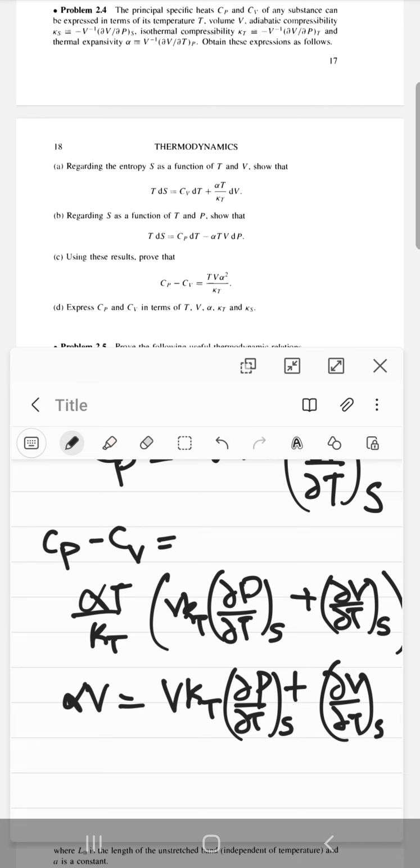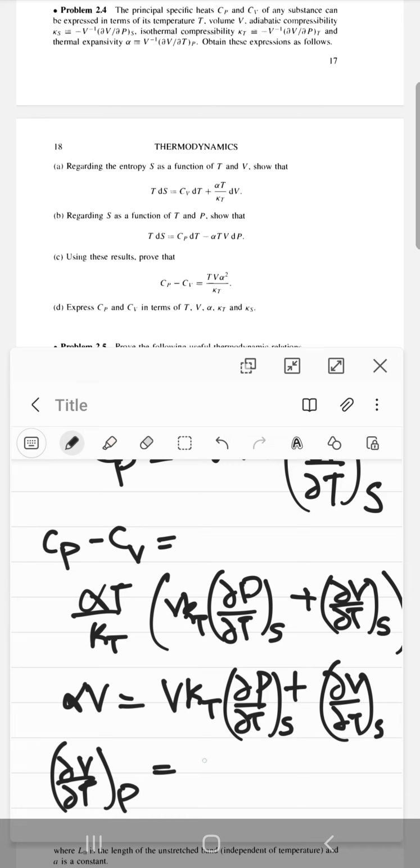What is alpha again? Alpha is just this quantity. Okay, so at least alpha V is something that we can use. So alpha V is just partial V by partial T at constant pressure. And that's equal to this quantity.